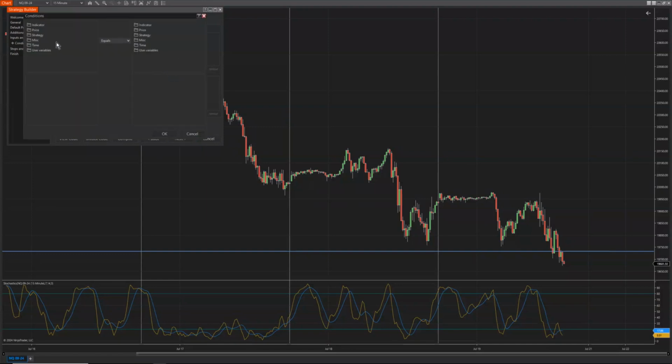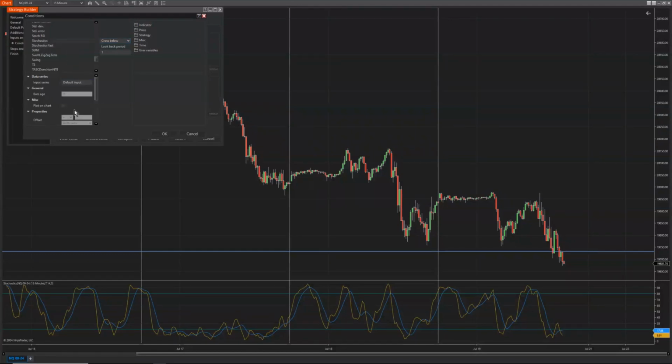The first set is we want the indicator stochastics, so go find that. Fast stochastics is probably good. You could use stochastics or fast stochastics.